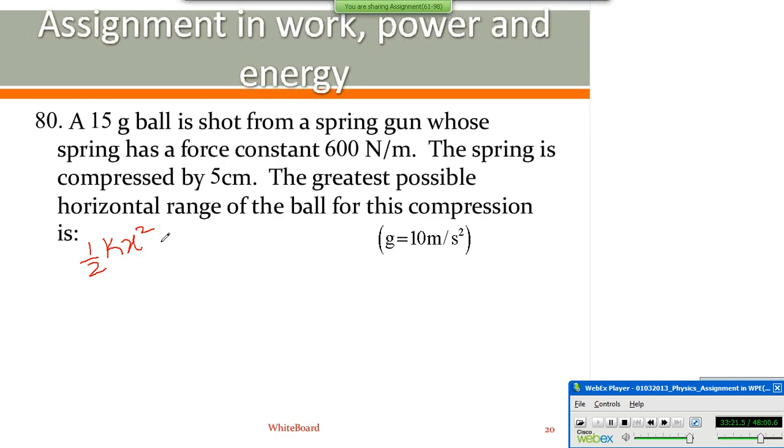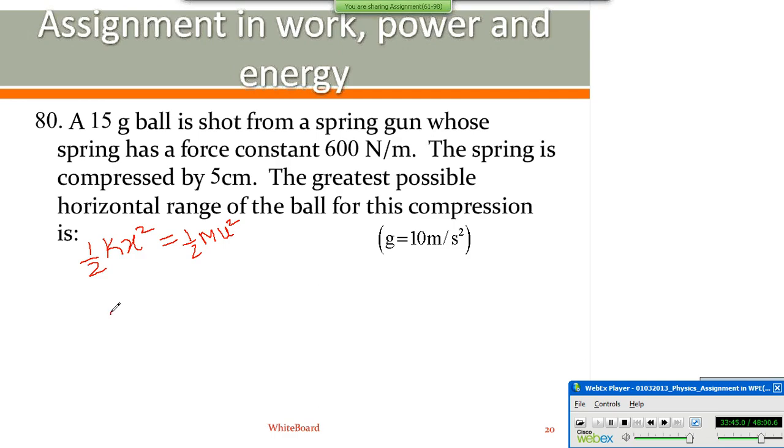That means this elastic potential energy stored in the spring gets converted to kinetic energy of the ball. v is the magnitude of the velocity with which the ball is projected from the spring gun. Then you can write the elastic potential energy stored in the spring in the initial position, when the spring is compressed by distance x, is half kx square, which gets converted to kinetic energy of the ball after the spring is released.